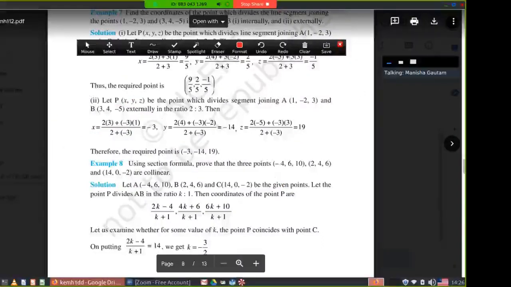Now example number 8: using section formula, prove that 3 points are collinear. Here it is mentioned that you have to use section formula.